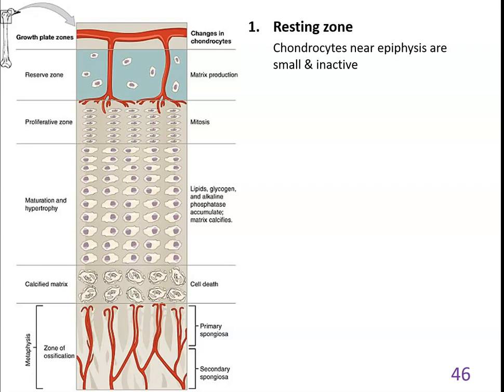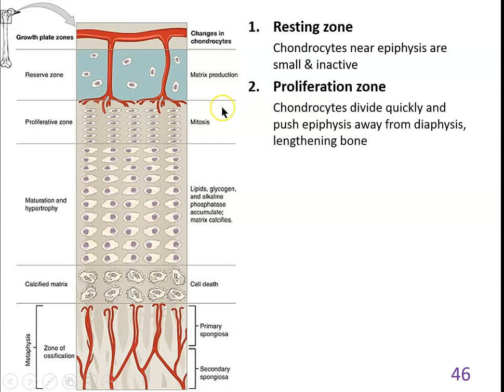What we have is these 5 zones. We have a resting zone, and this would be hyaline cartilage. And like all hyaline cartilage, the chondrocytes don't do much. They don't get much in the way of nutrients. But eventually they get a signal that says, hey, by the way, it's time to move this epiphyseal plate and make the diaphysis longer.